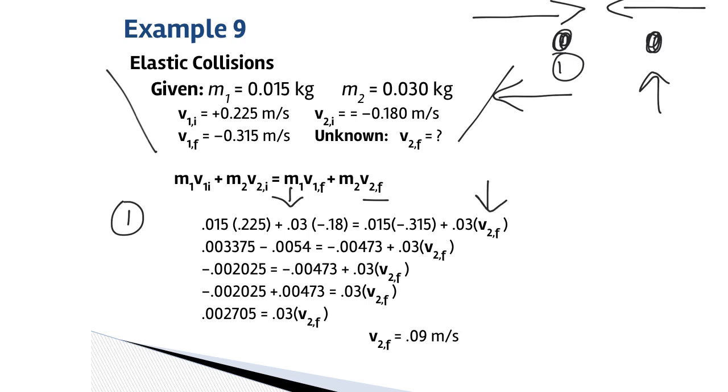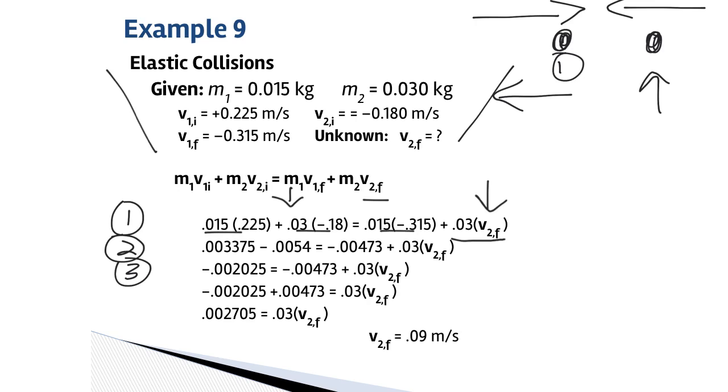At this point, the second line is some simplification of the math. Multiply, write it down, multiply, write it down, multiply, write it down. And then this is our unknown term. We're writing it down as is. Line 3, we're simplifying the math by adding the two numbers together, 0.003375 minus 0.0054.